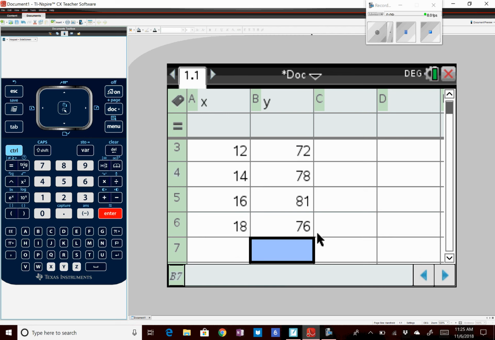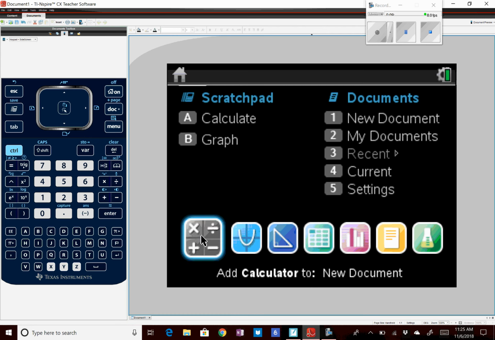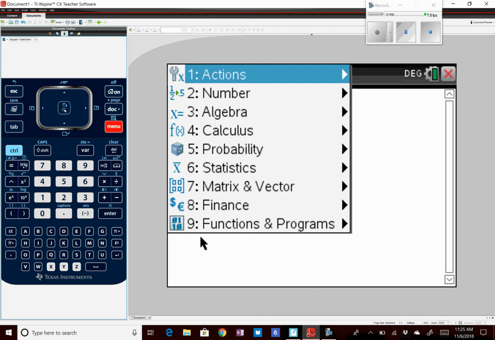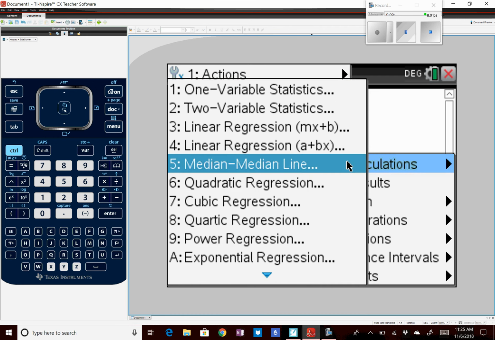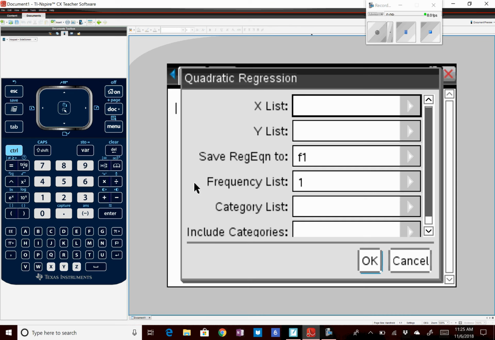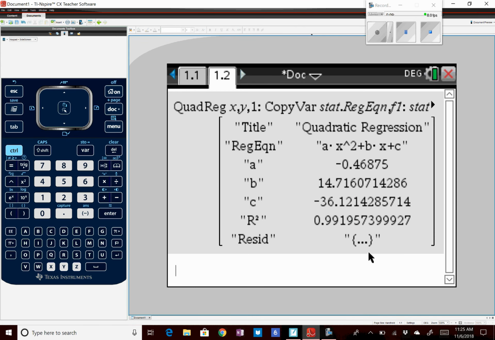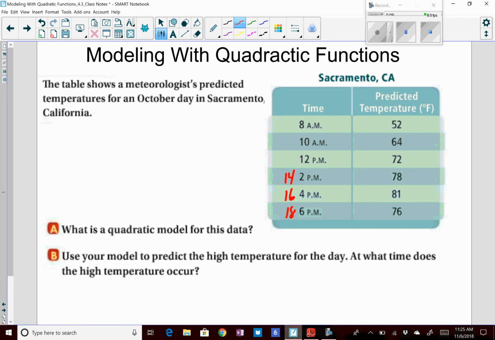All right, so to get the quadratic model, we're going to go back to the calculator screen, and it's menu, statistics, stat calculations. We want the quadratic regression, column labels, and here we have it. So let's write down A, B, and C. So A is equal to -0.46875.